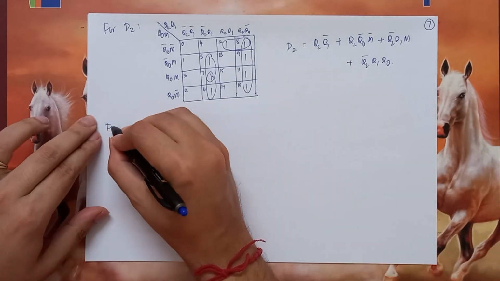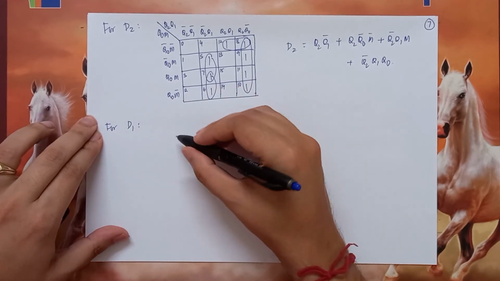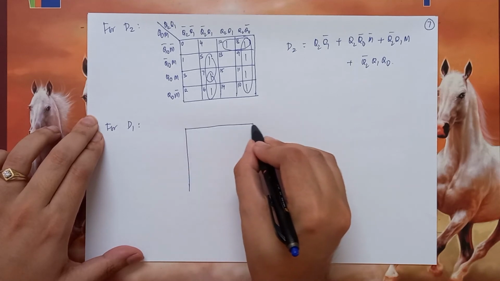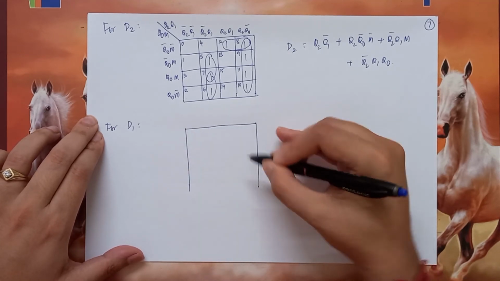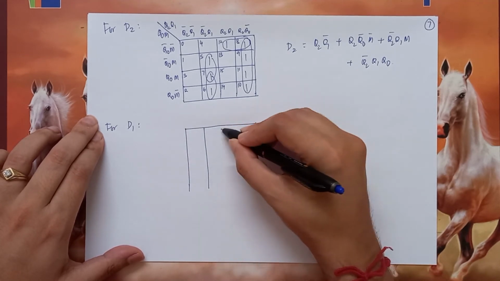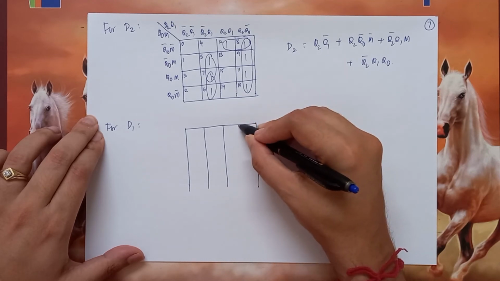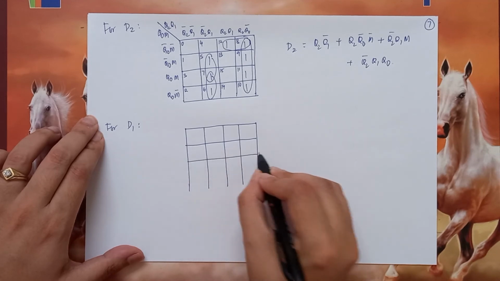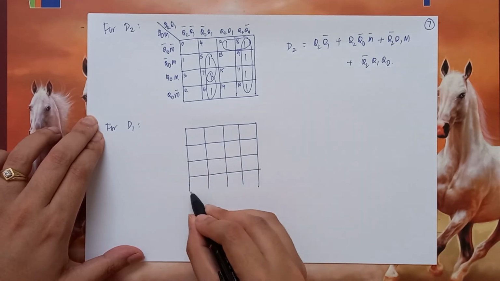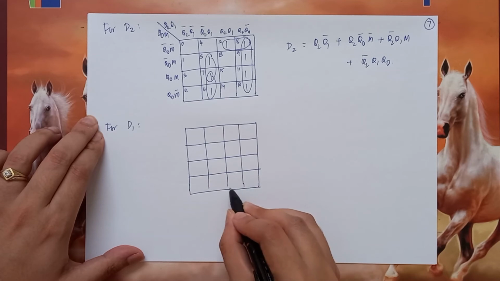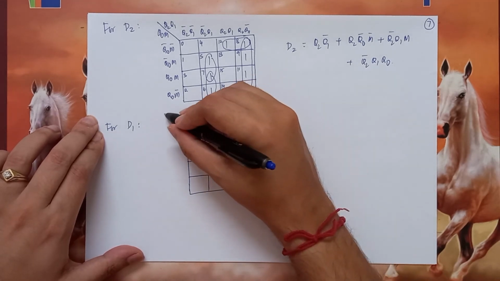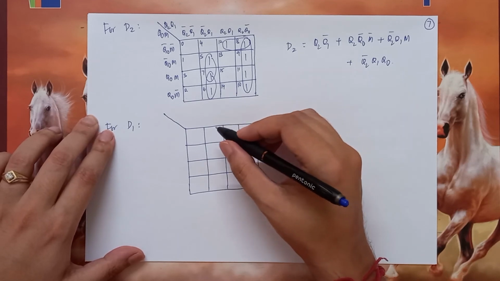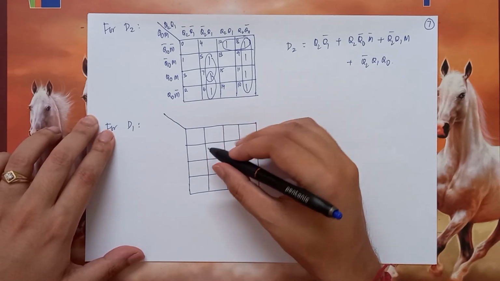For D1, the minterms are from 1 to 4 and 9 to 12.